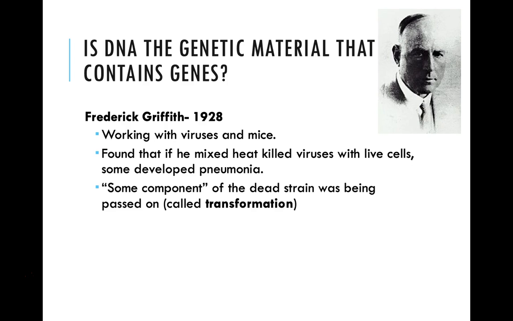In 1928, a man named Frederick Griffith, working in the UK, was working with bacteria and mice, and he found that if he mixed pneumonia bacteria that had been killed and exposed them to live cells, some of those cells would actually pick up a component that could cause pneumonia in mice.